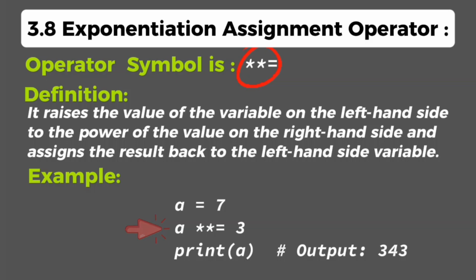Then the second line raises a to the power of 3 and assigns it to a. This operator raises a to the power of 3, so it becomes 343. The print a statement outputs the final value of a, which is 343. Let's see how Python runs this code.